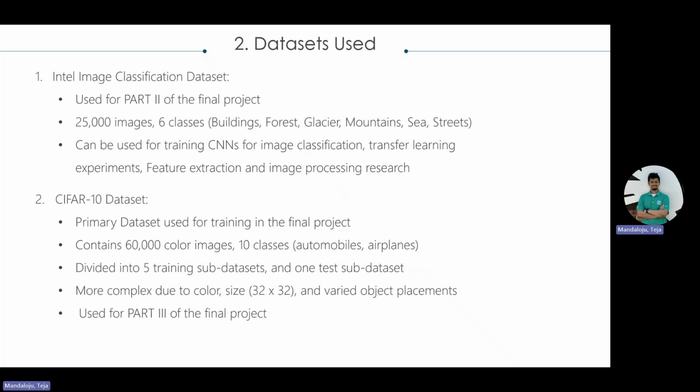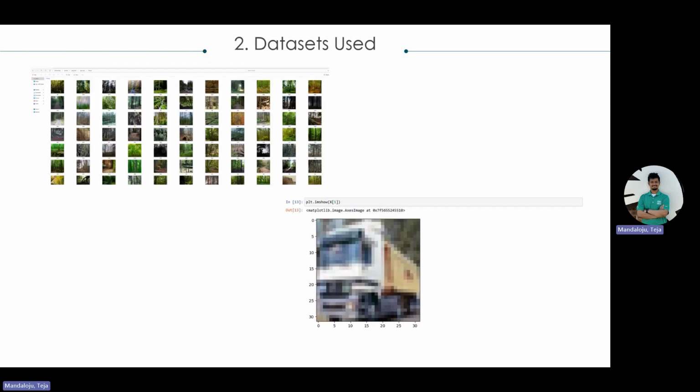This is used for part 3 of the final project. The second image here basically shows the Python code for the CIFAR data set. I know that it is blurred, but that's how the image is.